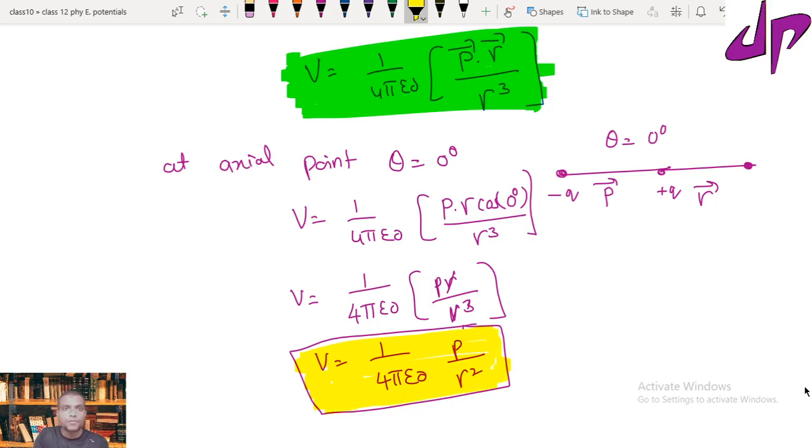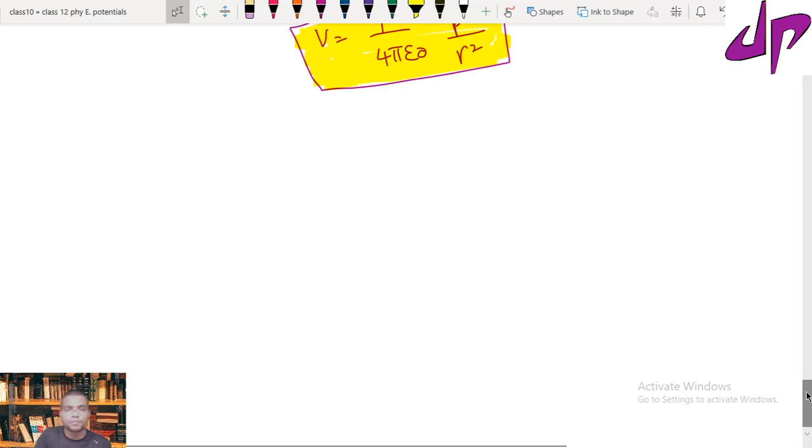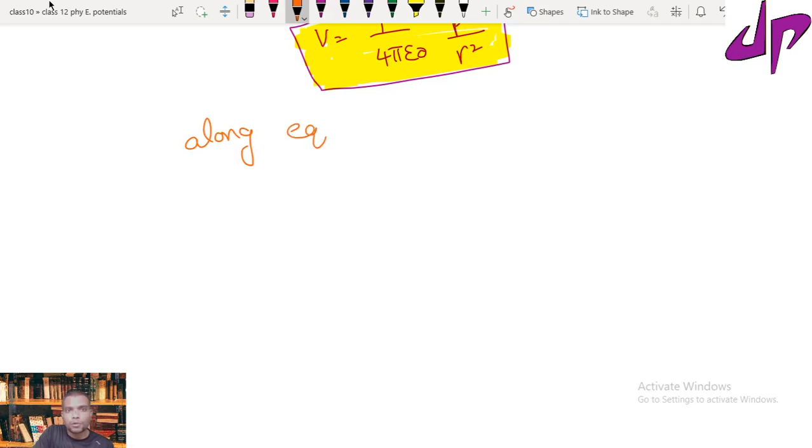Now let us find the same along the equatorial point. How can you consider the equatorial point? Suppose this is the dipole length, with a minus q charge and a plus q charge.